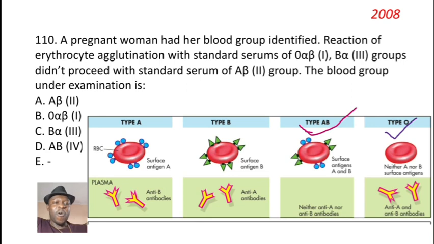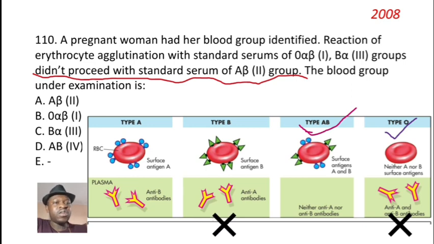So the agglutination didn't proceed with group A. There was agglutination in type O, that's type 1, and in type B, but no agglutination with type A. So the blood group is group A. That's the answer.